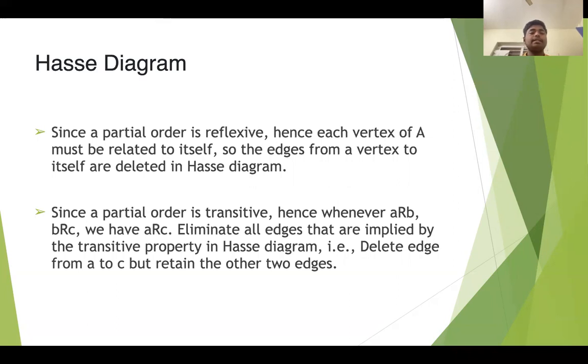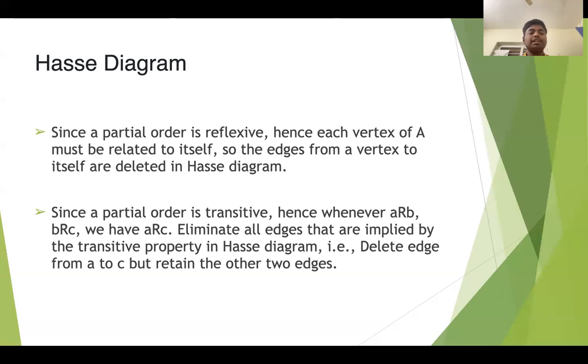Since a partial order is reflexive, each vertex of A must be related to itself. So the edges from a vertex to itself are deleted in the Hasse diagram.